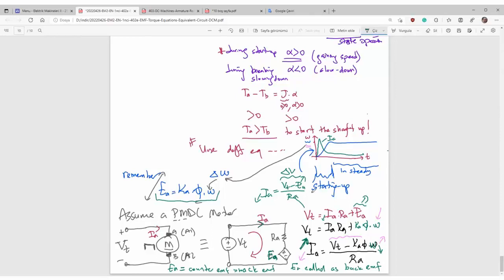In case there is no rotation yet, speed is 0. In such a case, EMF would be 0, and the current will be the startup current. Start up. Because the machine needs much more current, torque to start the load up. All the relations are behind these equations.